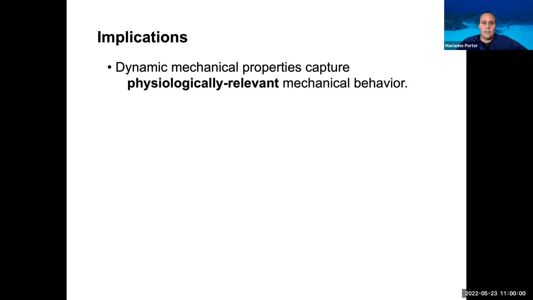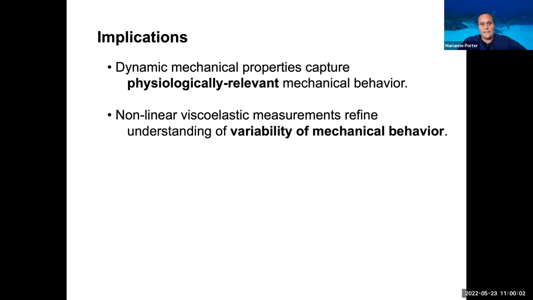The nonlinear properties were really great because they allowed us to understand the variability of the mechanical behavior. So again, thinking about what's happening at the minimum strain and the least strain. And then again, it allows us to put our work back into the animal and think about that biological context.